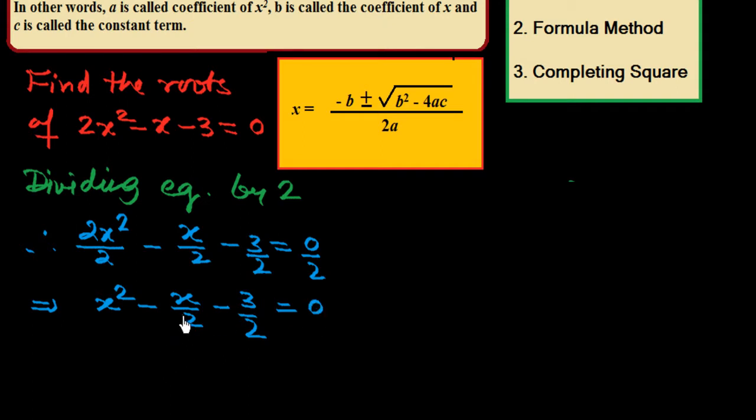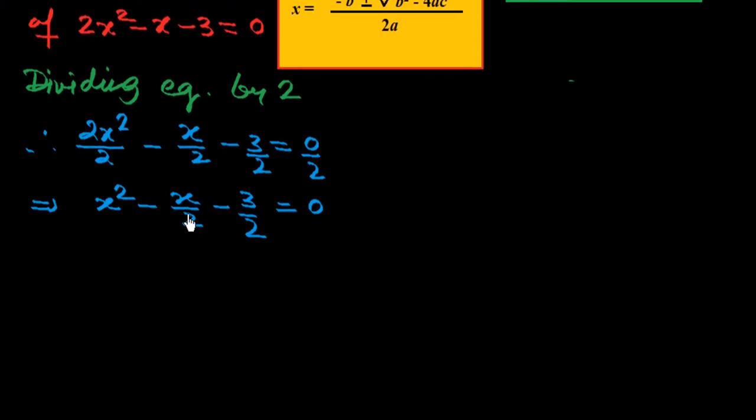Now, you see the coefficient of x is minus 1 by 2 here. What we have to do is divide the coefficient of x, the middle term, by 2, make the square of this, and add this square to both the sides. Before this, we shift the constant term to the other side. So x square minus x over 2 is equal to 3 over 2. We have transferred this to the other side, so it is now positive.